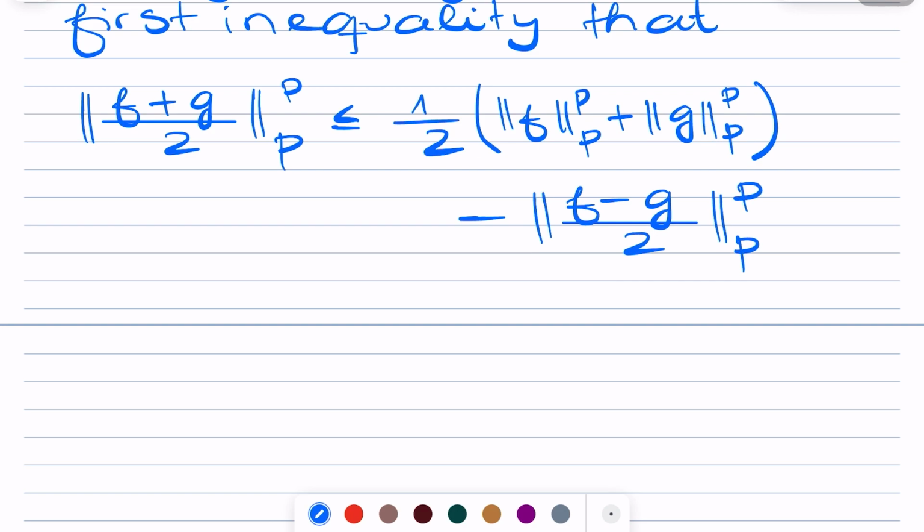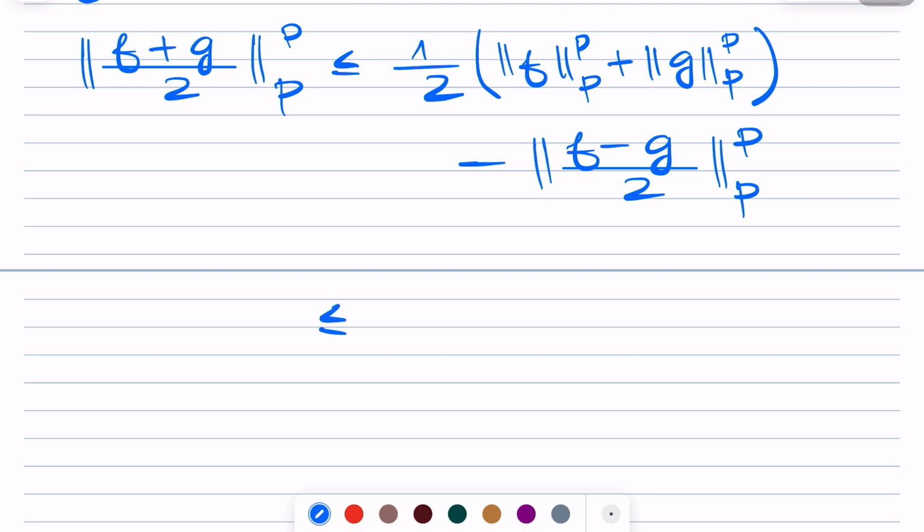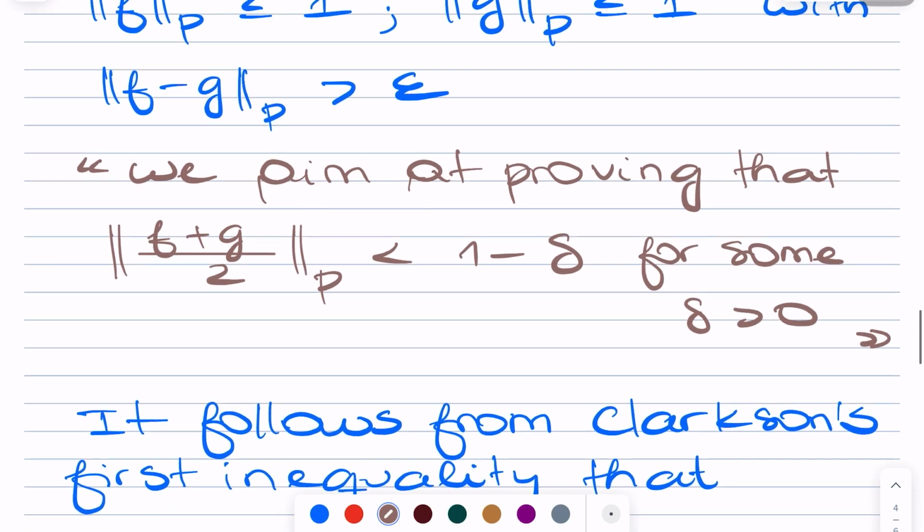But this is actually less or equal. Observe that f and g are chosen to be in the closed unit ball, so their norm is less or equal than 1, and also the norm of f minus g is chosen to be strictly greater than epsilon.